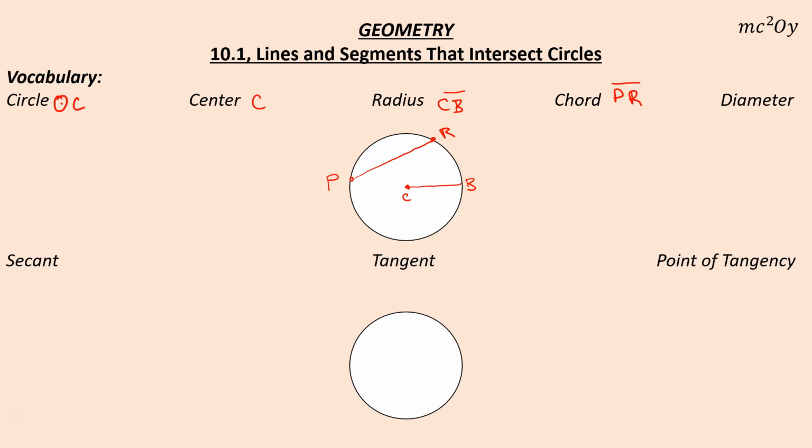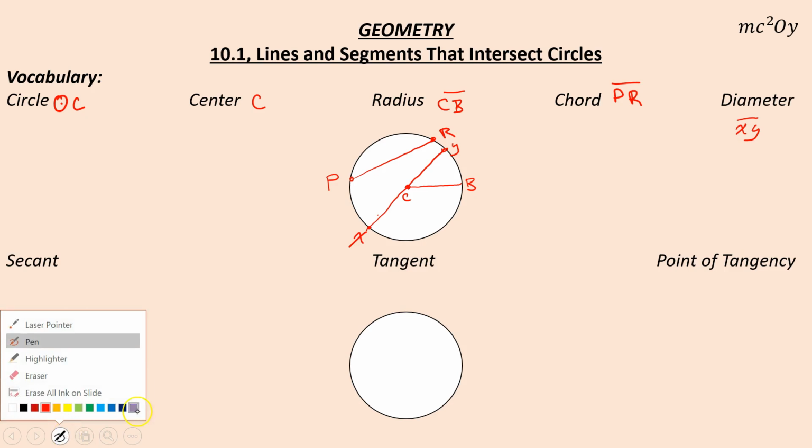And then a diameter is a chord. Okay, it connects 2 points on a circle. And those 2 points, as well as the middle point, the center point, is the center of our circle. So it's a chord that goes through the center of your circle. That is the diameter, in this case, XY. Now, the diameter has special properties when you compare it to the radius.